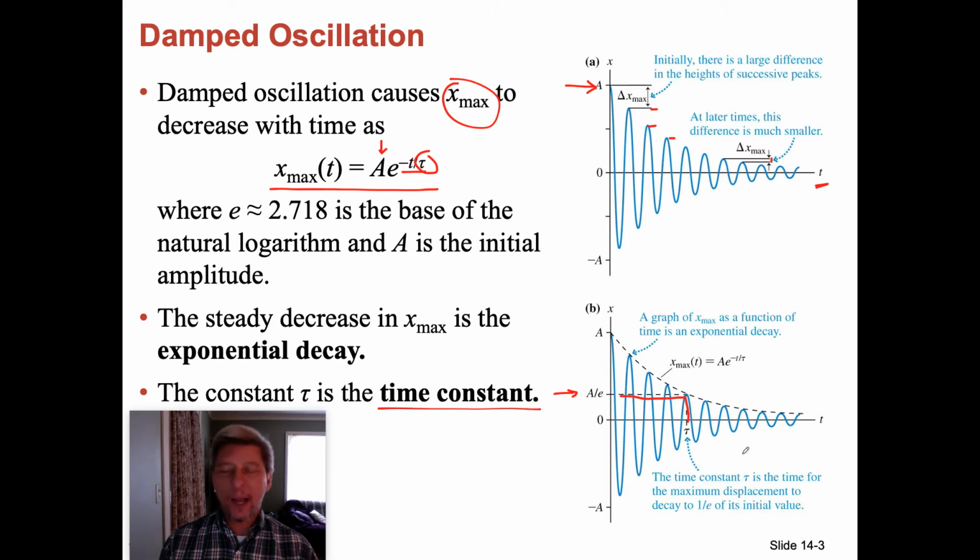And so that time constant tau is the time that it takes for the maximum displacement to decay to 1 over e of its initial value. So that's why we have the value a divided by e on the y-axis and tau on the x-axis, okay?